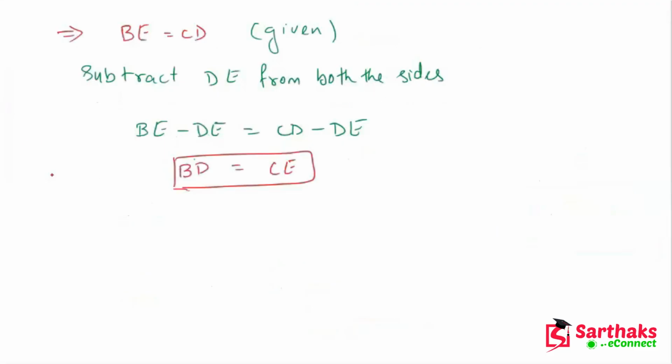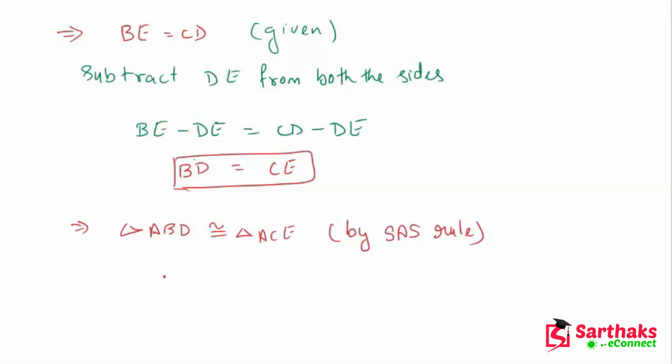So we can say triangle ABD is congruent to triangle ACE by what? By side angle side rule. Got it?